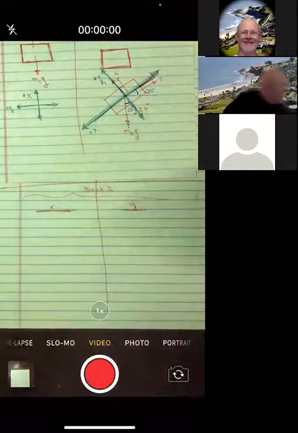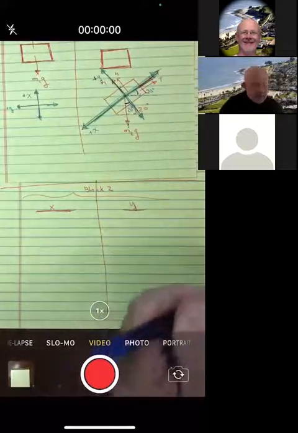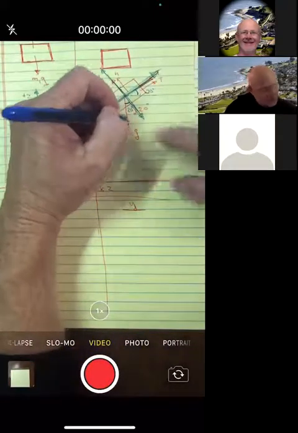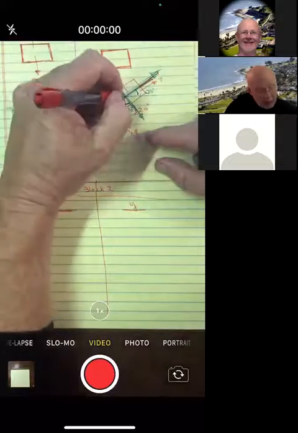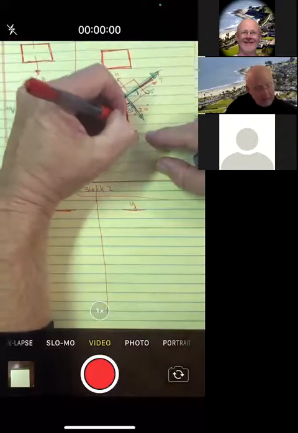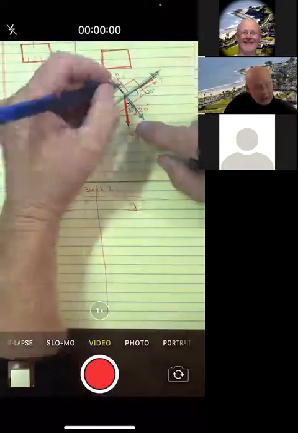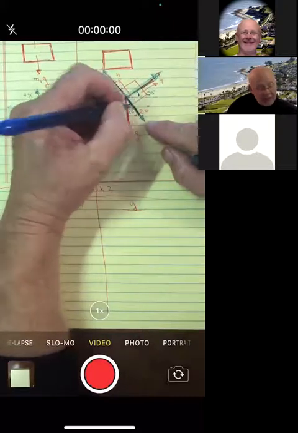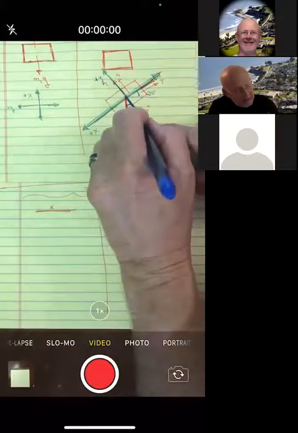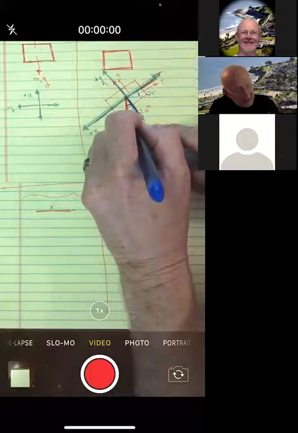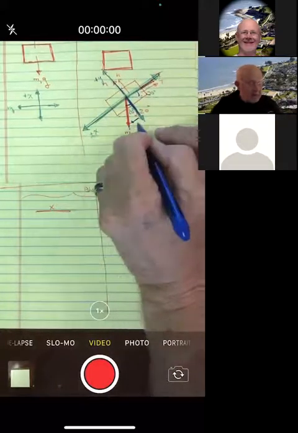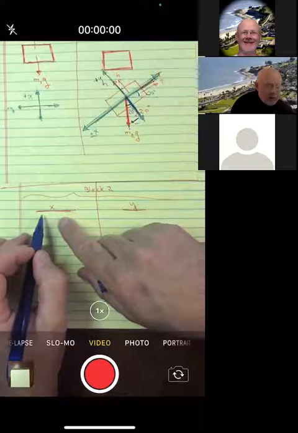And if I take this force of gravity, which I drew in red, and look at its components now, it would have a little piece in the negative y direction and a little piece down the hill, which is the positive x direction. And that's the one I would want right here.